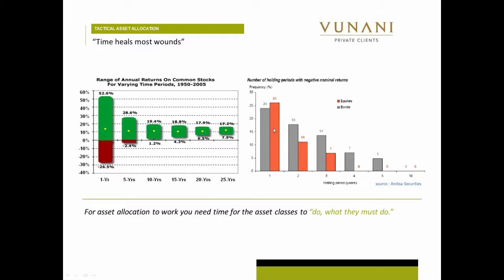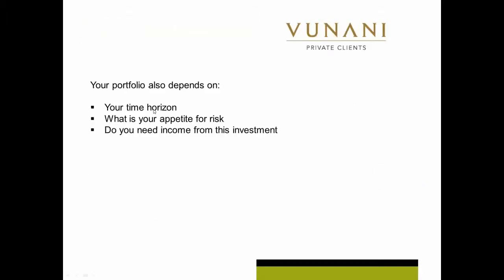If you look at the right-hand side of the slide, you'll see that the longer you hold your shares, and if you look at the 5 to 10 year period, there is no 10-year rolling period where equities actually loses you money. So the art on equities is you need to be in there. As I've said in the slide, time heals most wounds. You need to be in equities medium term to long term, because in the short term, you can actually experience quite a bit of volatility.